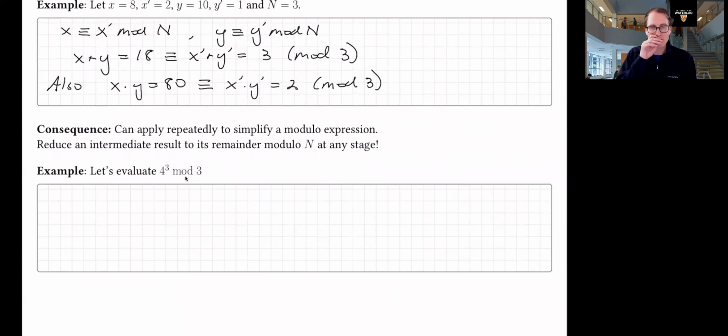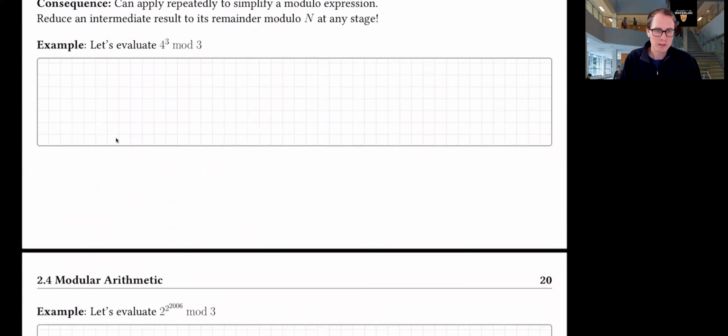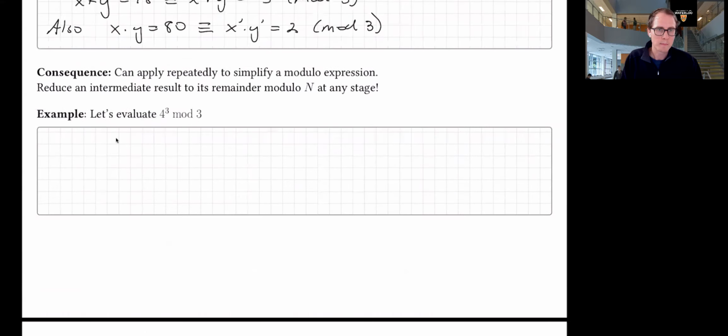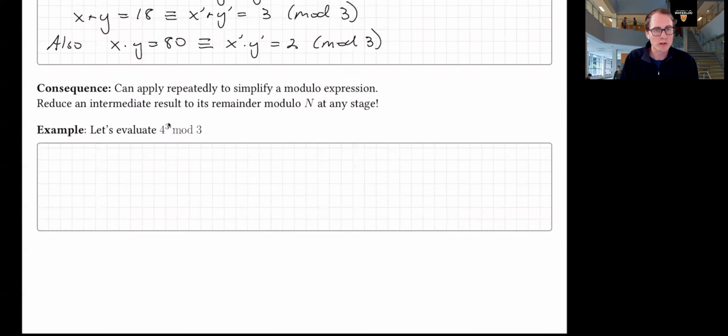And one cool thing is that I can actually use this result and apply it multiple times to simplify some modular expressions. So an example is if I want to compute 4 cubed mod 3, I know that 4 is equivalent to 1 mod 3.